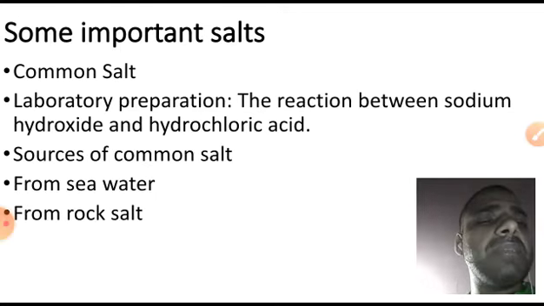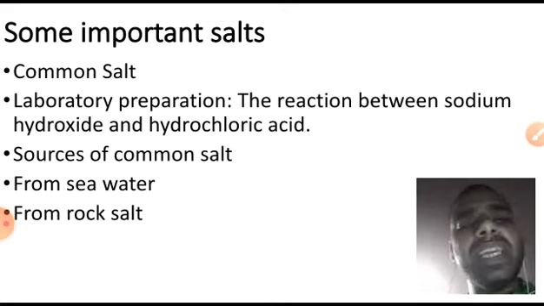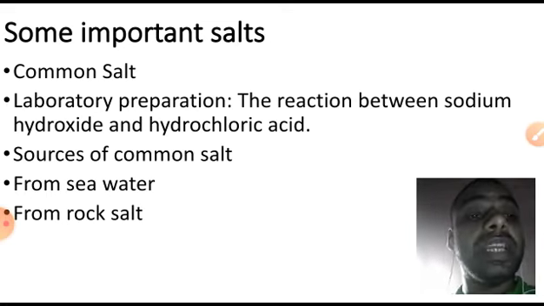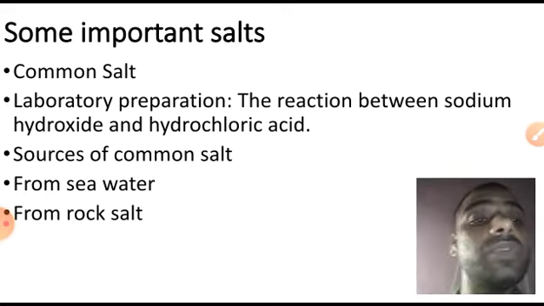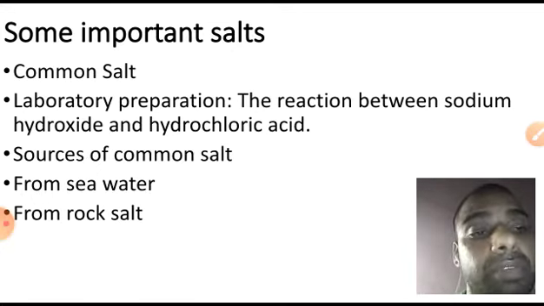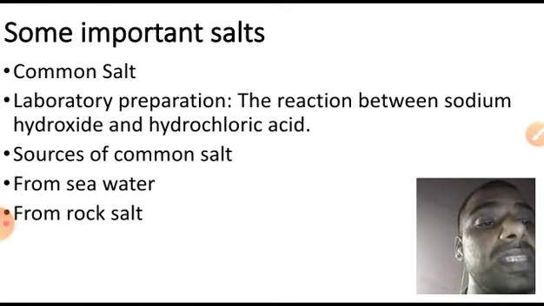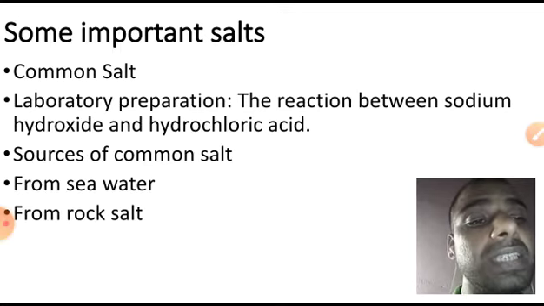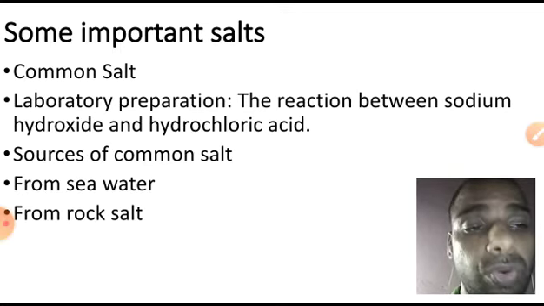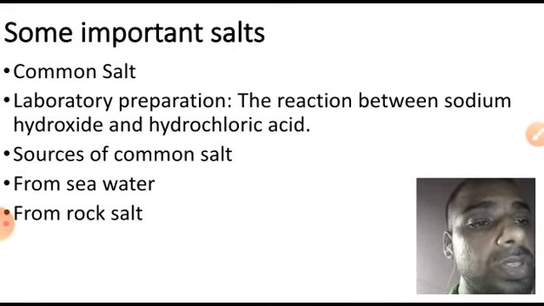Leave it for some time. After evaporation you will get only salt. After purification and crystallization, that will be pure. After packaging, it will reach you in your home. So that one is common salt.